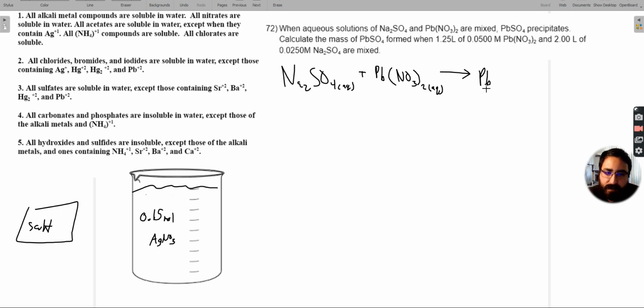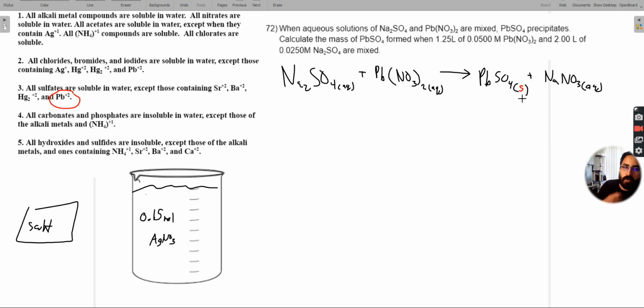SO4 has a charge of -2, so it's just going to be PbSO4. We don't know if it's a solid yet, so let's hold off on that. We know NaNO3 is automatically aqueous. So sulfates, if there's a Pb +2, it is a solid. So let's write that down right here. It's a solid.